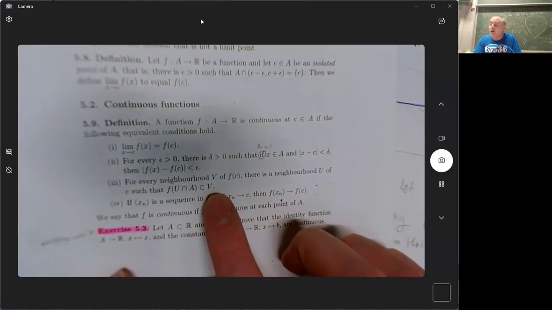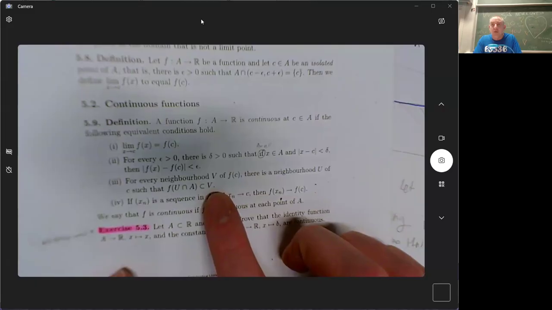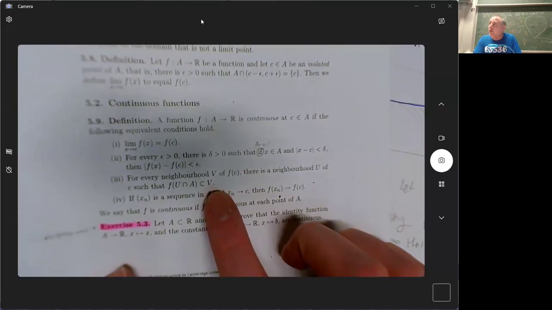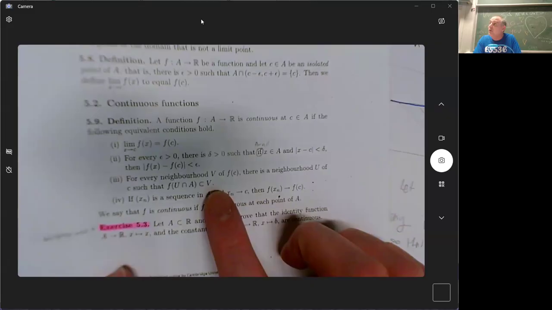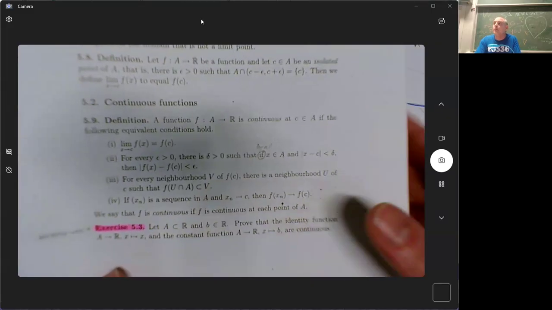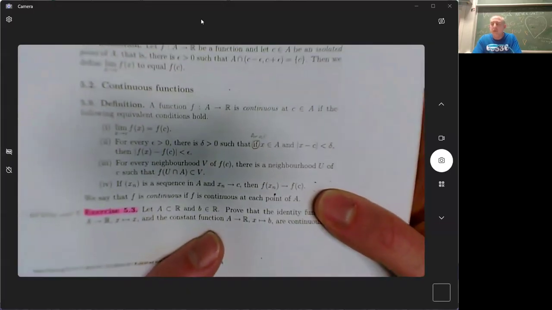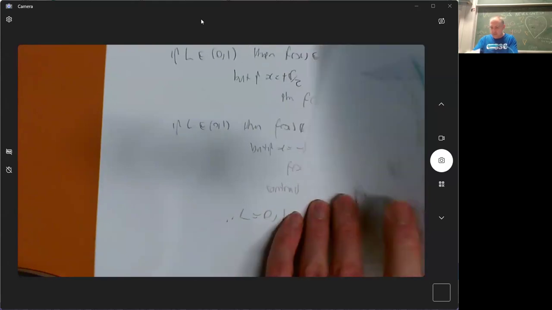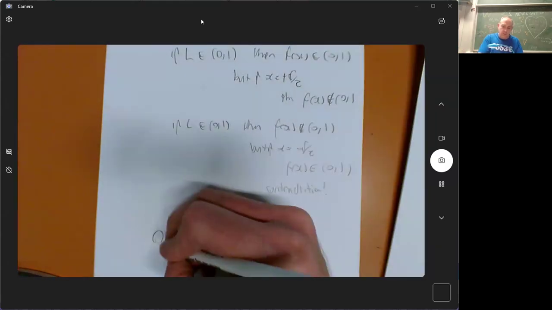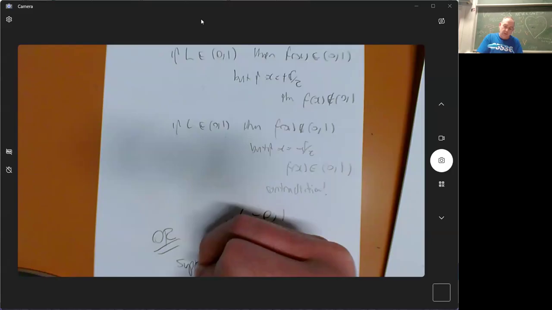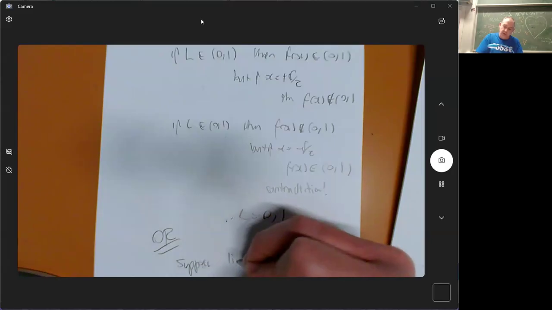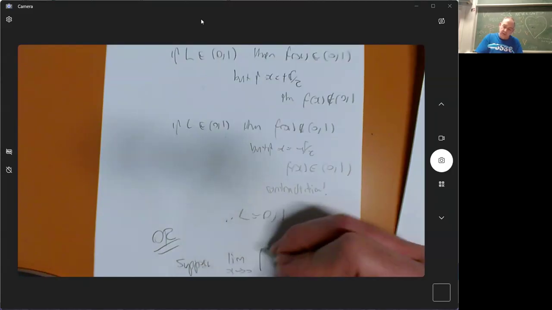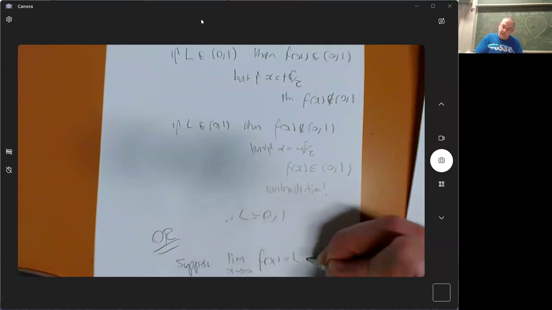Okay. But we could still go by contradiction for our L, right? Choose our limit to not be 0 or 1. Is that how you did it? Yeah, I said if it was outside of it, then it wouldn't satisfy the definition. So yours was more like, suppose the limit as x goes to 0, f of x is L, which is not 0 or 1.